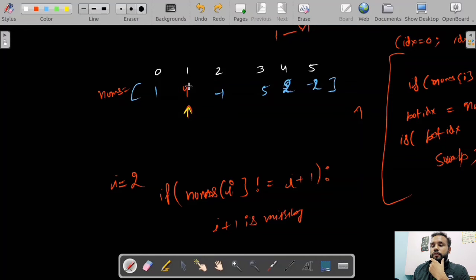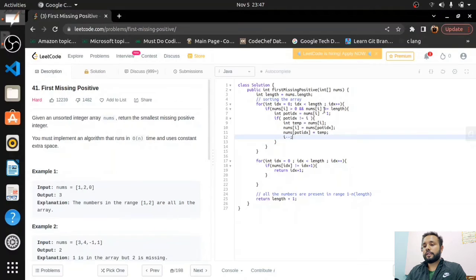We are going to shift this 4 to its exact position, so we are going to swap 4 and 5. Now 5 is here, 4 is here. Still after swapping, we are at the same index. We are not moving forward, so that's why I did i minus minus.